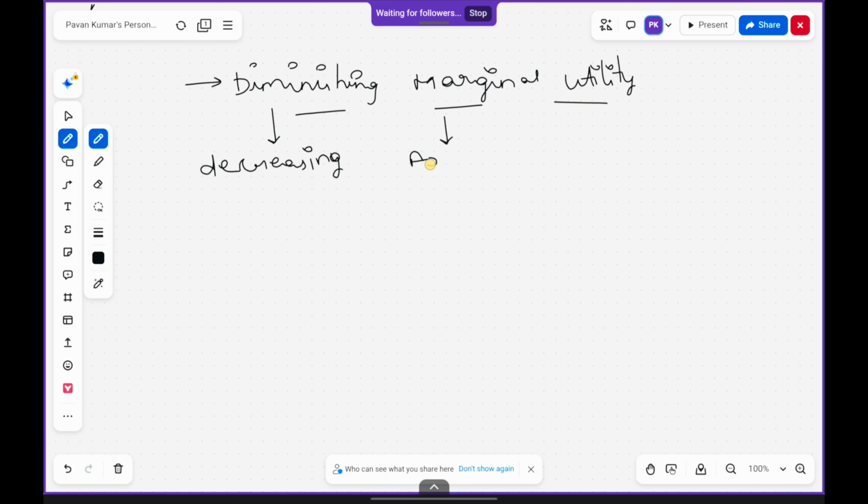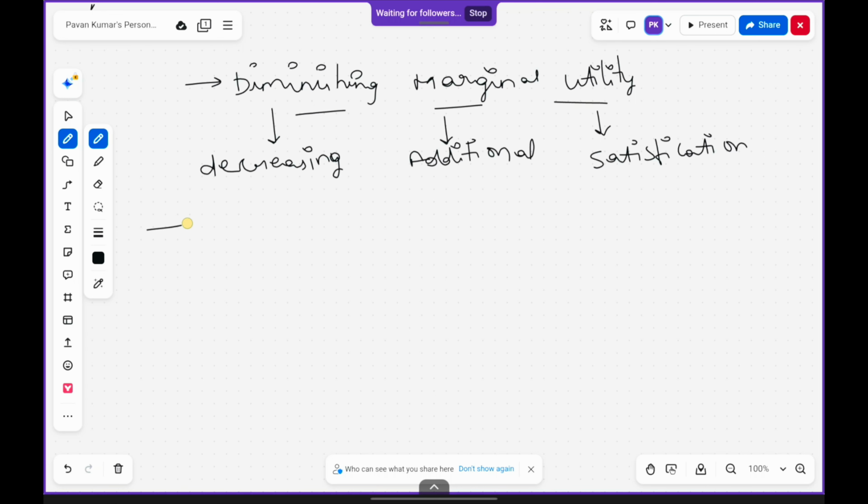Marginal means it's an additional, correct? It's an additional. And utility means the amount of satisfaction. So by the name, what have we understood so far? Diminishing means decreasing, marginal means additional, and utility means satisfaction.